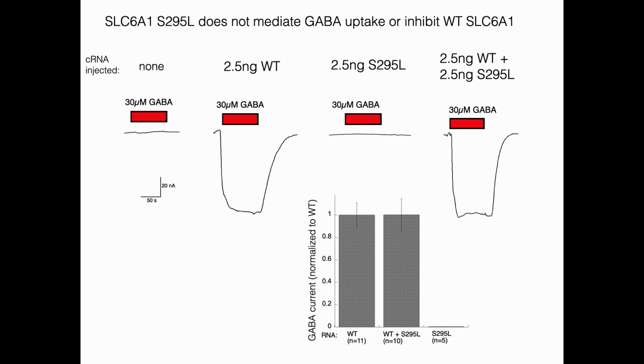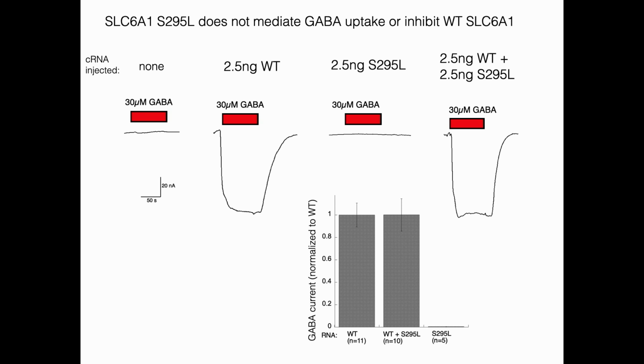So one of the first things we wanted to do was to get some insight into the mechanism by which the S295L mutation causes its disease effects. We did a simple experiment to co-inject RNA transcribed from a wild-type SLC6A1 gene together with the mutant RNA in oocytes.